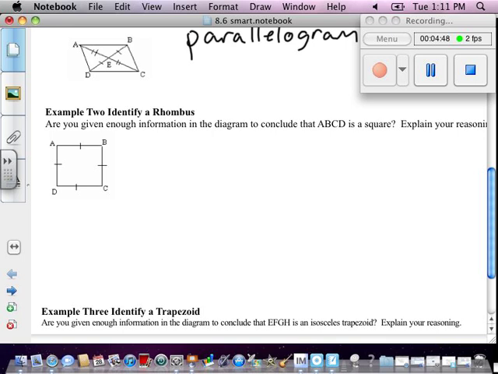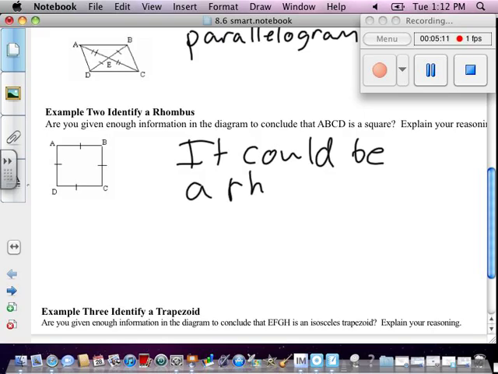Are you given enough information in the diagram to conclude that ABCD is a square? Explain your reasoning. What am I missing? Right angle. So this could be what two shapes? It could also be a rhombus. A rhombus or a square.